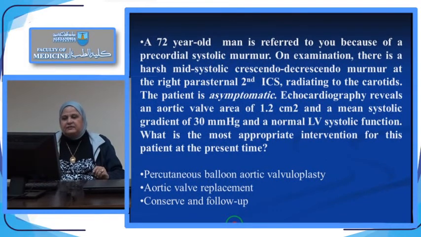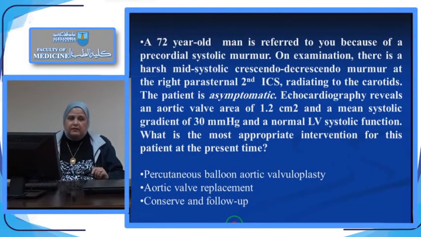The patient is asymptomatic. Symptomatology is a very important finding in the case of calcific aortic stenosis. The patient is asymptomatic, 72 years old, and you demonstrate a murmur of aortic stenosis on the precordium. Echo reveals an aortic valve area of 1.2, which means aortic stenosis.